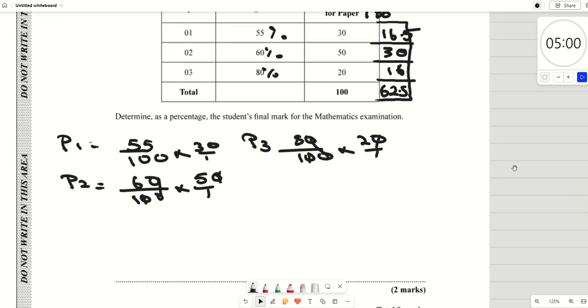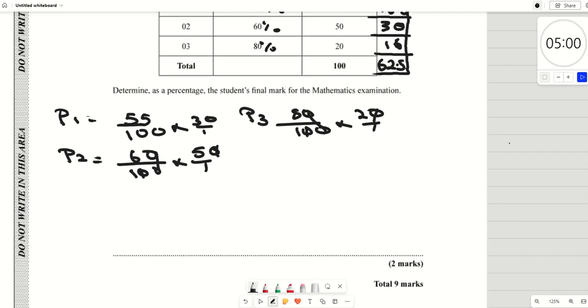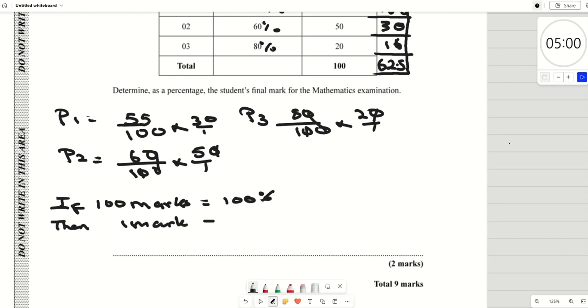So we're going to look at this. If 100%, no, if 100 marks equal 100%, then 1 mark is clearly 1%, 100 divided by 100, which is equal to 1, and therefore we want to find what is 62.5.